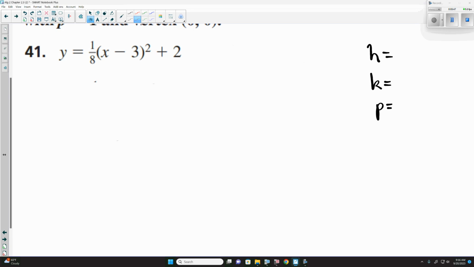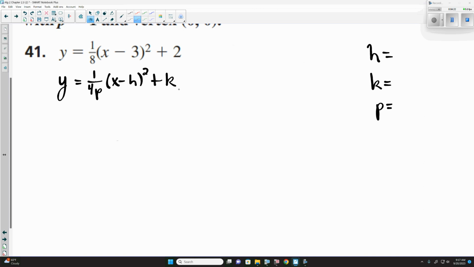So since y is by itself to the first power and x is inside the parentheses or attached to the x squared, it means this version is going to match up to our 1, y equals 1 over 4p times x minus h squared plus k. If the exponent had been attached to the y, we would be looking at the other version. Because here the square, that exponent is attached to the x, so we're looking at this equation here.